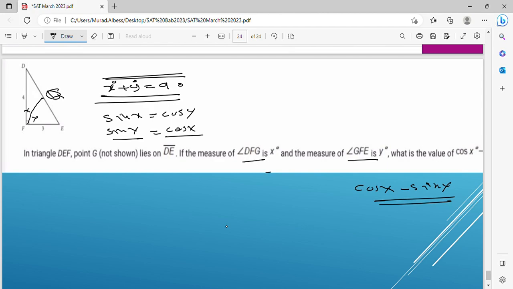So cosine x and sine y are equal. So cosine x minus sine y is 0. The answer is 0.